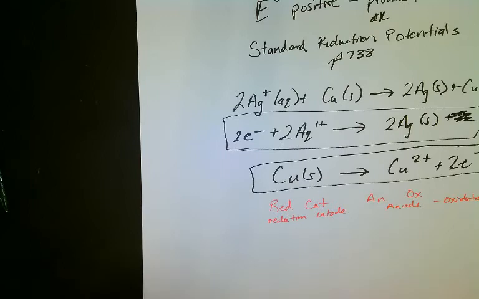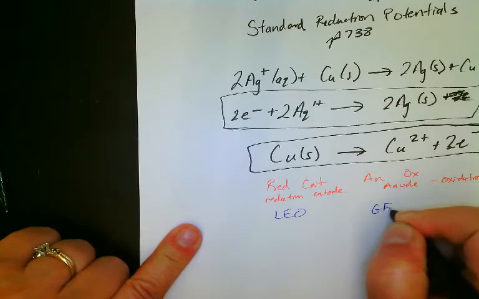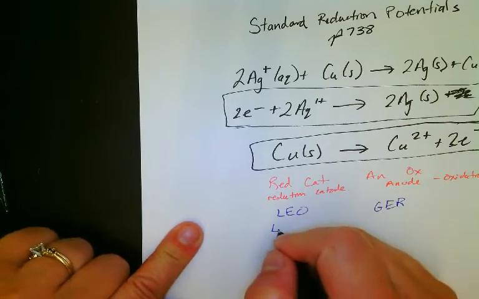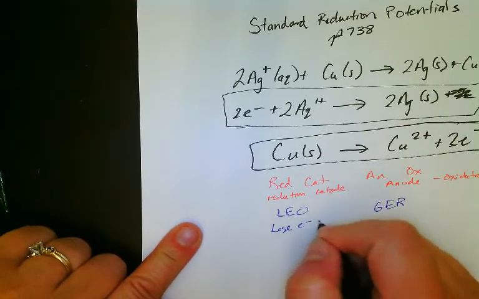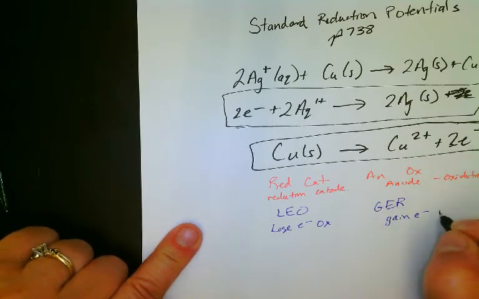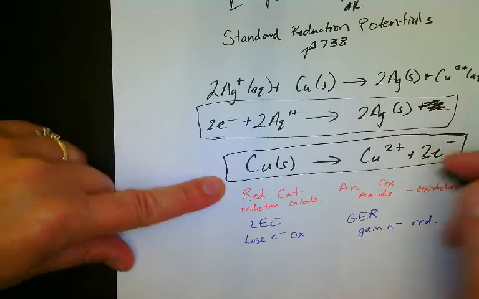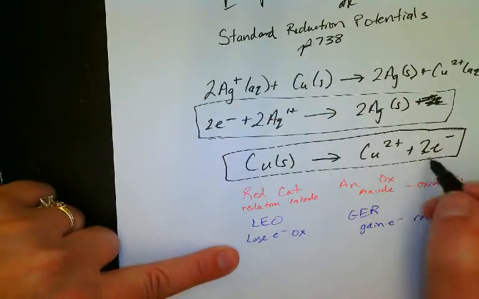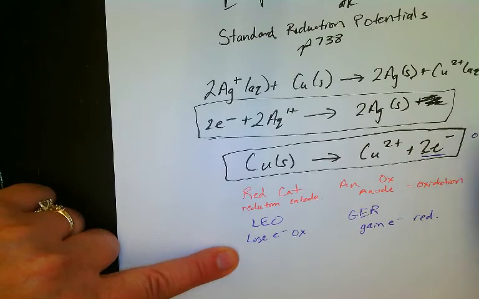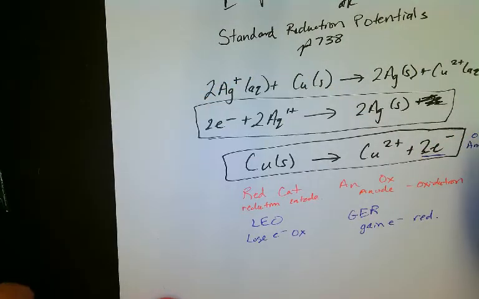And then we also use our other mnemonic device. Leo the lion says grr: lose electrons oxidized, gain electrons reduced. I can figure out which one is the anode and cathode. So this one right here, since it's losing electrons, this is oxidized. Since it's oxidized, this is happening in the anode.